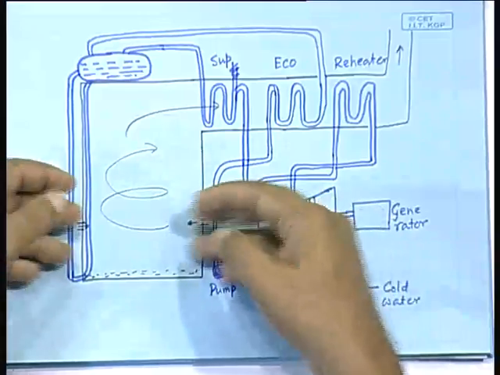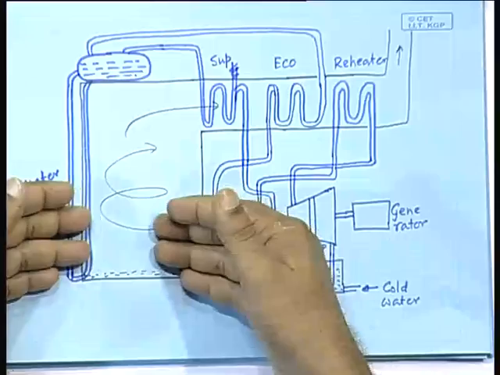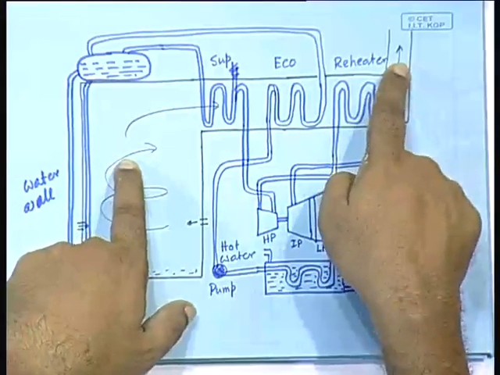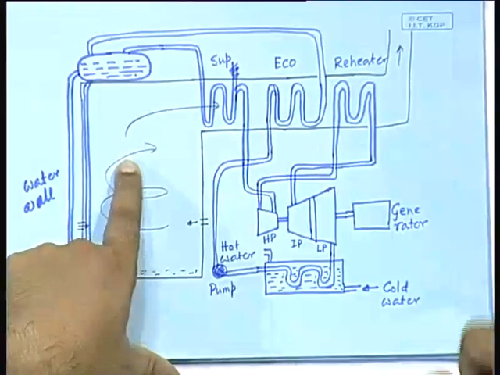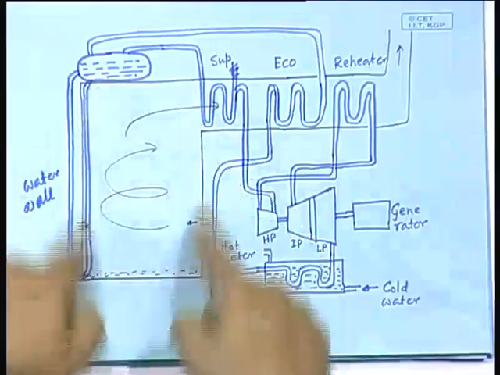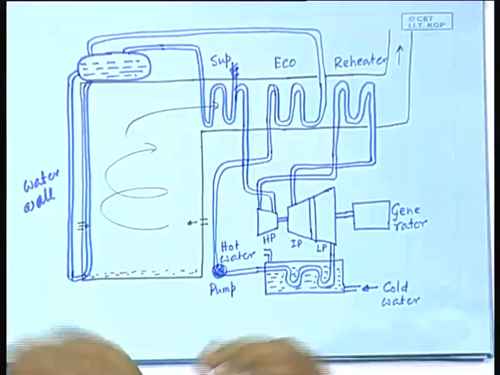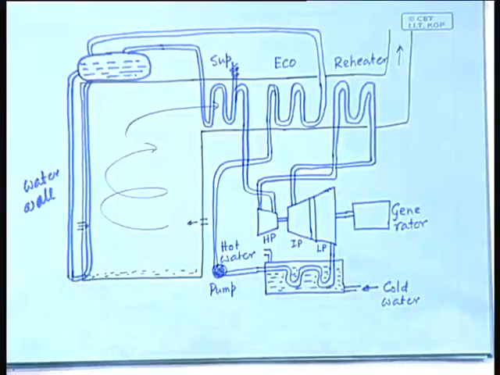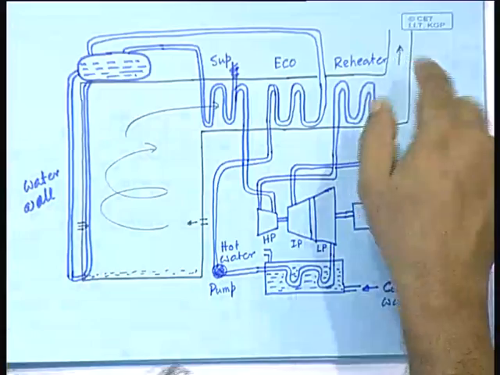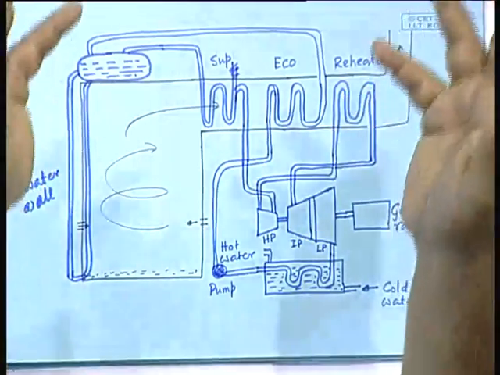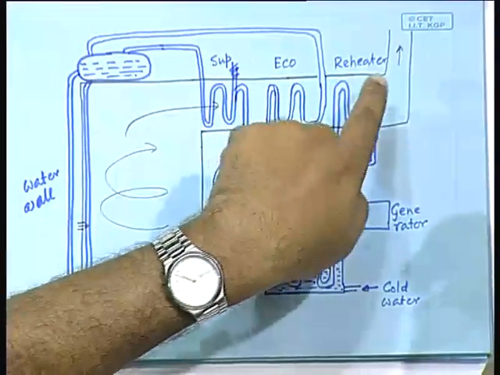So, if you only run a fan in order to push the coal air mixture in, then obviously the pressure here will be higher. So, there has to be another fan here that sucks out, and the balance of these two is maintained in such a way that the pressure inside the boiler is less than the atmospheric pressure. So, these two fans are anyway there. What I mean to say is that the power level of these fans would go up significantly if you allowed the temperature to go down.